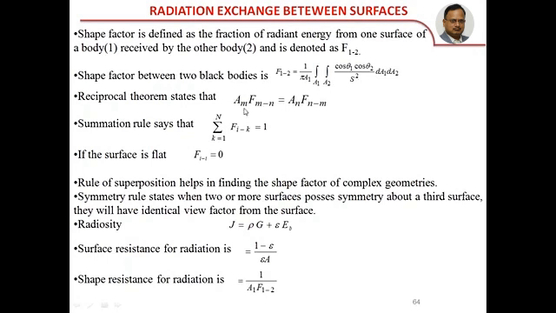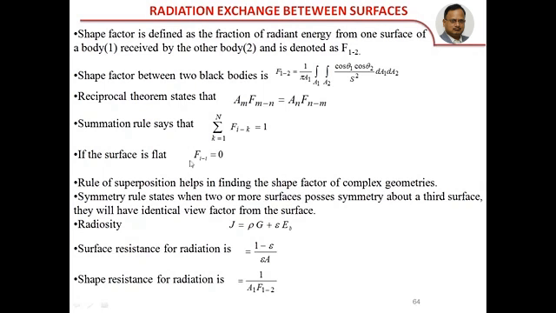The reciprocal theorem states that A_m F_mn is equal to A_n F_nm. The summation rule says that the sum over k equal to 1 to N of F_ik is equal to 1.